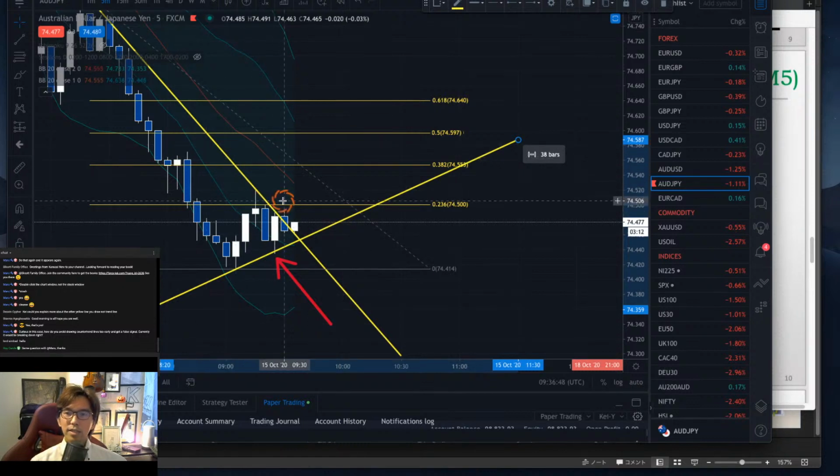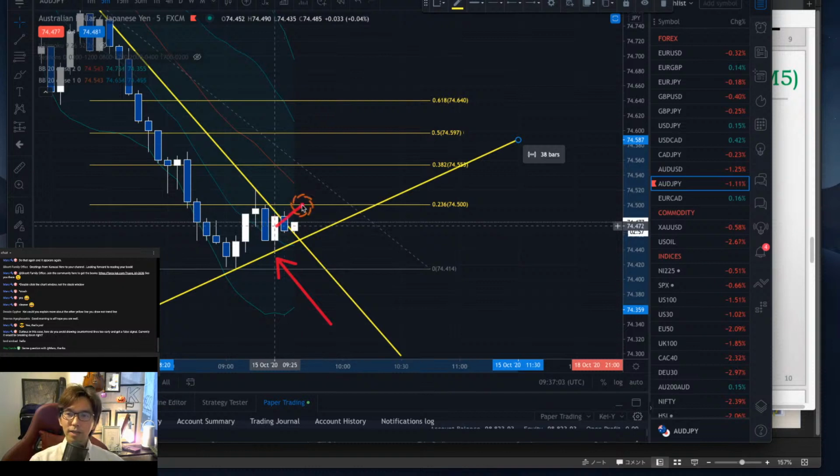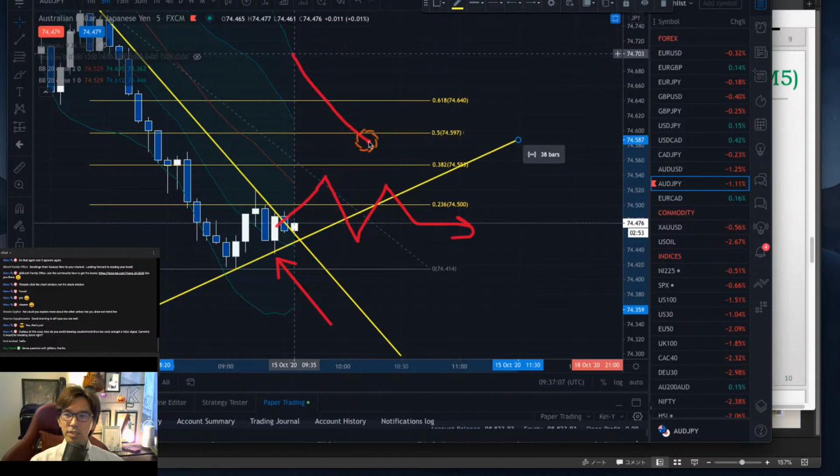And it looks like this is like a P wave now, a symmetrical triangle. So it can go down. Or if it starts to consolidate in a range, then the Bollinger Bands are going to squeeze.